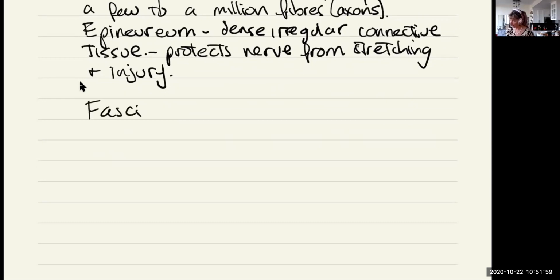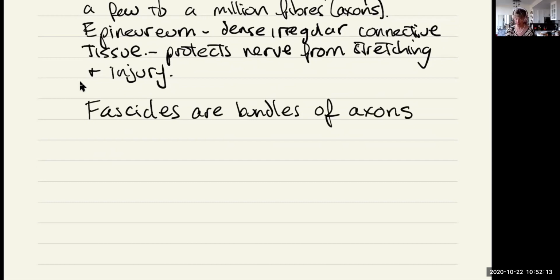A fascicle are bundles of neurons, or bundles of the axons of neurons. Bundles of axons surrounded by the perineurium.